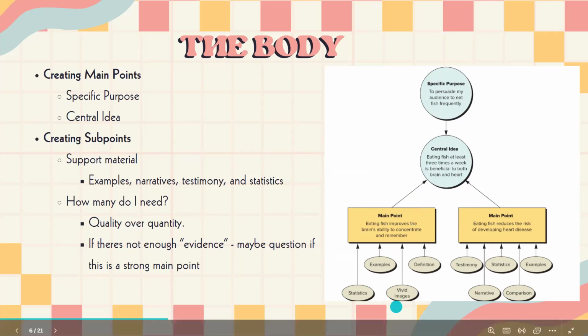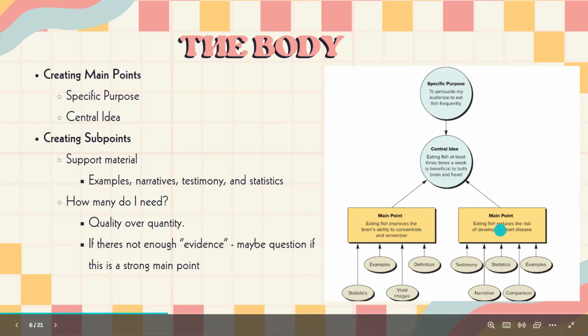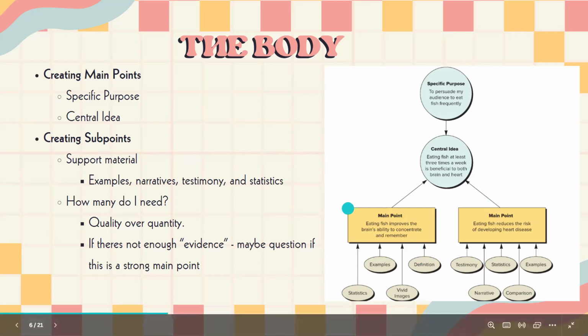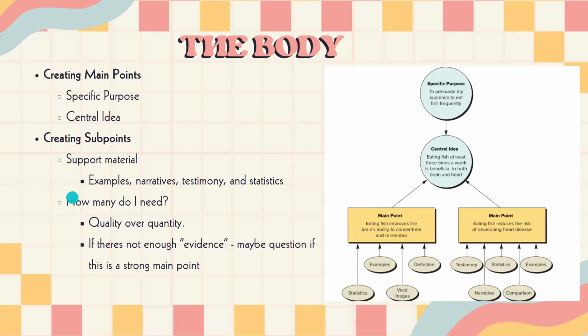And then under our main points, these are our subpoints, right? These are our examples. These are our definitions, our statistics, our images, right? So these subpoints are just your support material. Make sense? So this is everything that helps support this main point. So how many do you need, right?